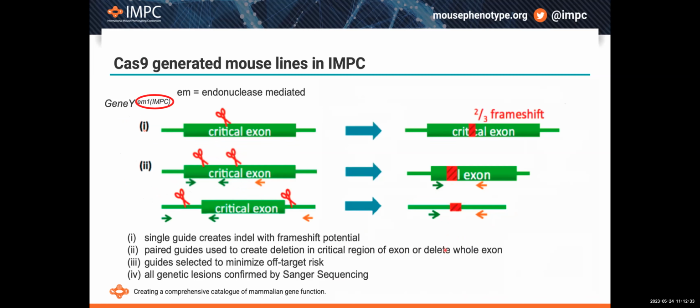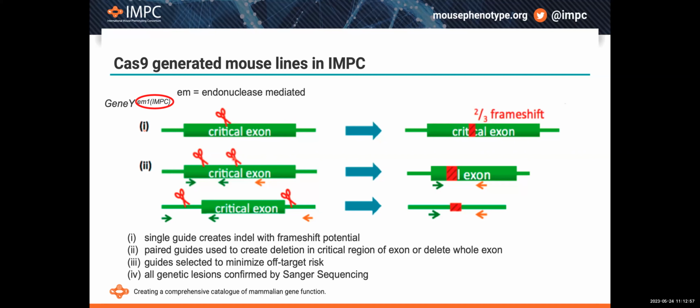With the CRISPR lines, we have a little bit more flexibility, I mentioned, and as things evolved, we tried different strategies. So you'll see that there are different types of alleles. Initially, we used these single guide cuts, which would cause a small indel. So 2 out of 3 would be out of frame.